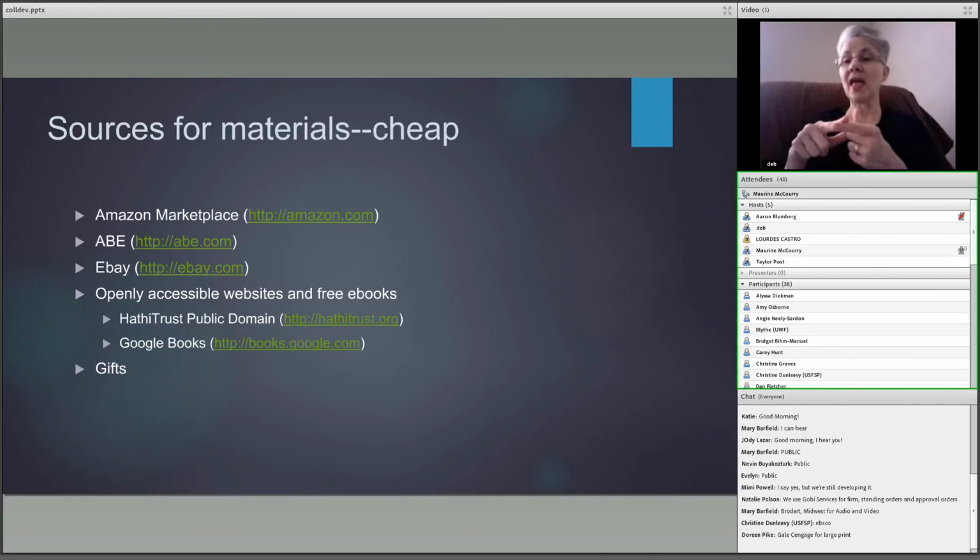And then there are becoming more and more free ebooks. If you do not have a budget for material currently, and you want to add titles to your collection, adding links to free resources in your catalog is something that we've done quite a bit at Hillsdale. We have added all of the records for the HathiTrust public domain titles to our library catalog.